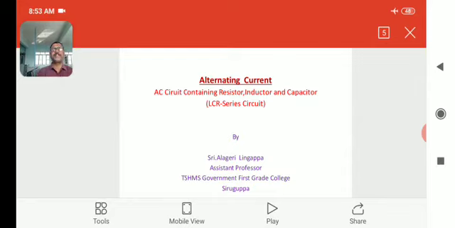In the previous class, we learned about the relation between current and voltage in an LR circuit, and similarly in a CR circuit. Today, we will discuss the relation between current and voltage in the LCR series circuit.